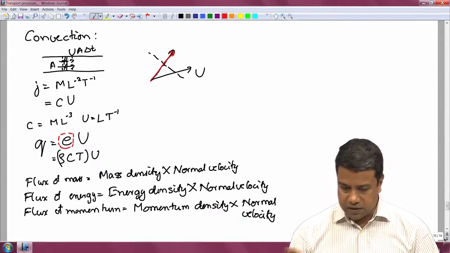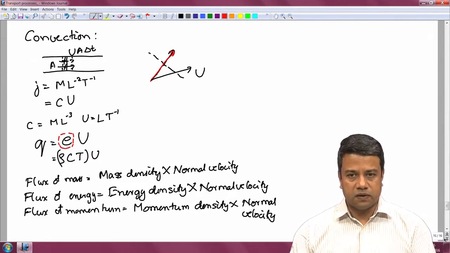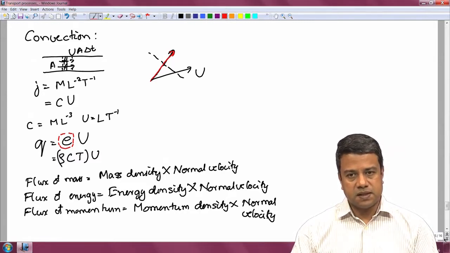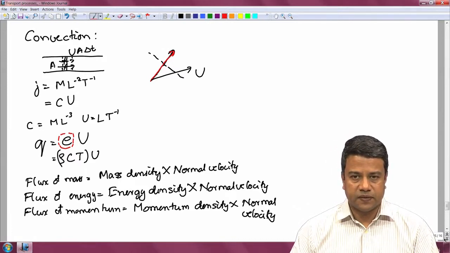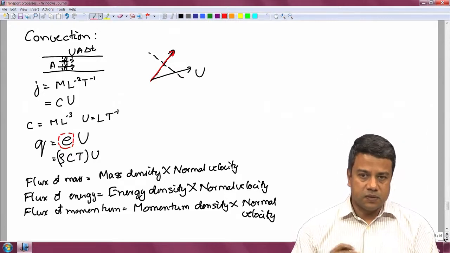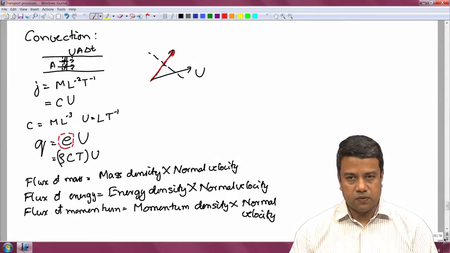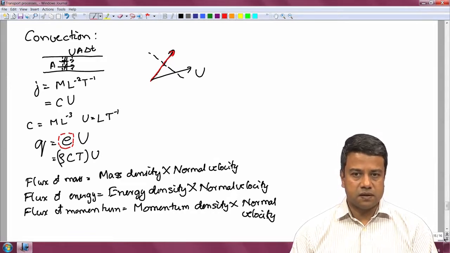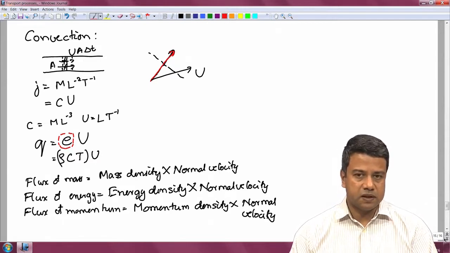The first one is convection. Convection is transport because material is carried along with the fluid flow, because energy is carried along with the fluid flow, momentum is carried along with the fluid flow. The convective flux of material transported across the surface per unit area per unit time is just equal to the density of the quantity, mass, momentum, or energy, times the velocity perpendicular to the surface.